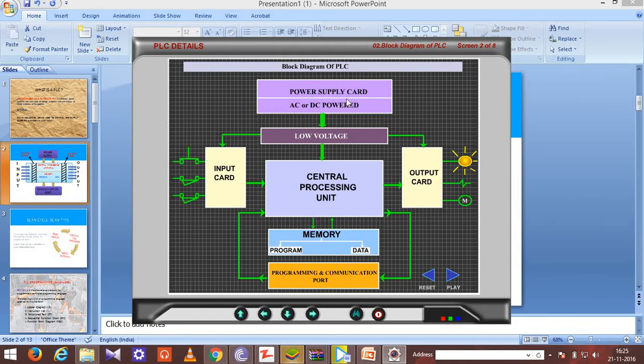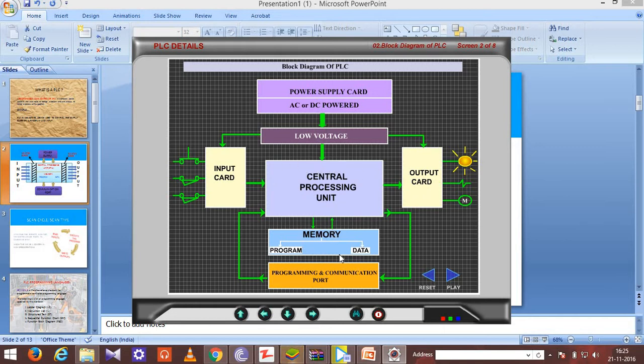It can be AC or DC powered, and the supply voltage is converted to PLC operating voltage by SMPS, that is 24 volt DC, and it is given to the input card, output card and central processing unit.